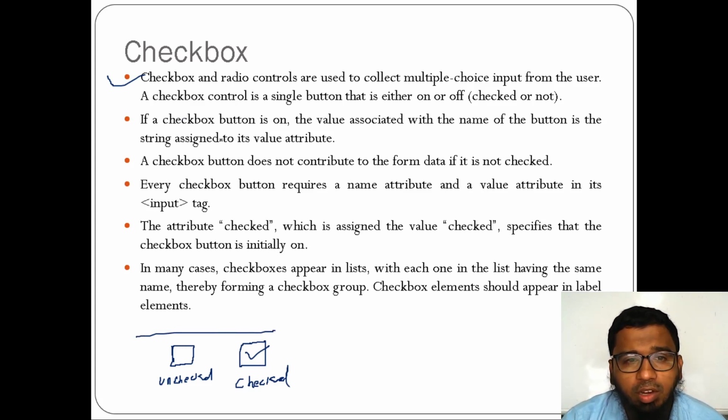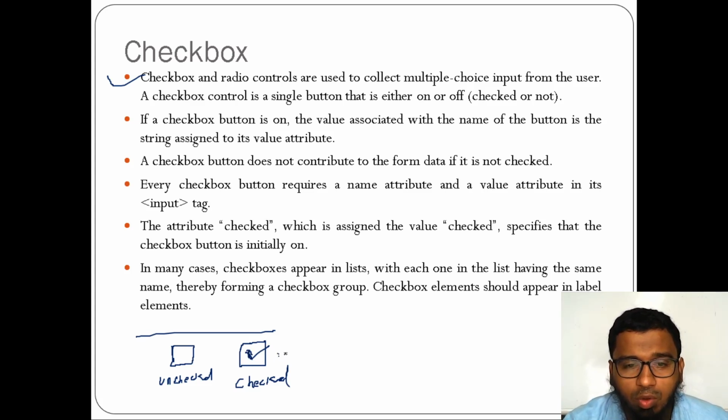If a checkbox button is on, the value associated with the name of the button is the string assigned to its value attribute. When it is checked, whatever value is assigned to this checkbox will be associated.